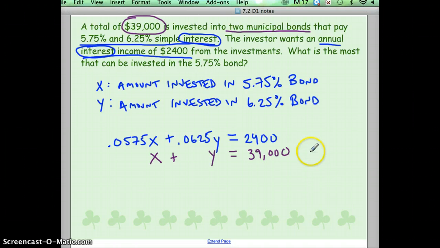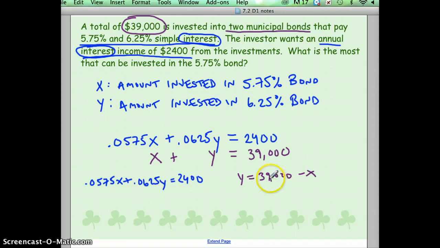So if I quickly wrote these out a little bit smaller, okay, and then this other one, let's say we solve it for Y. So Y is going to equal 39,000 minus X. Substitute 39,000 minus X in for Y right here.